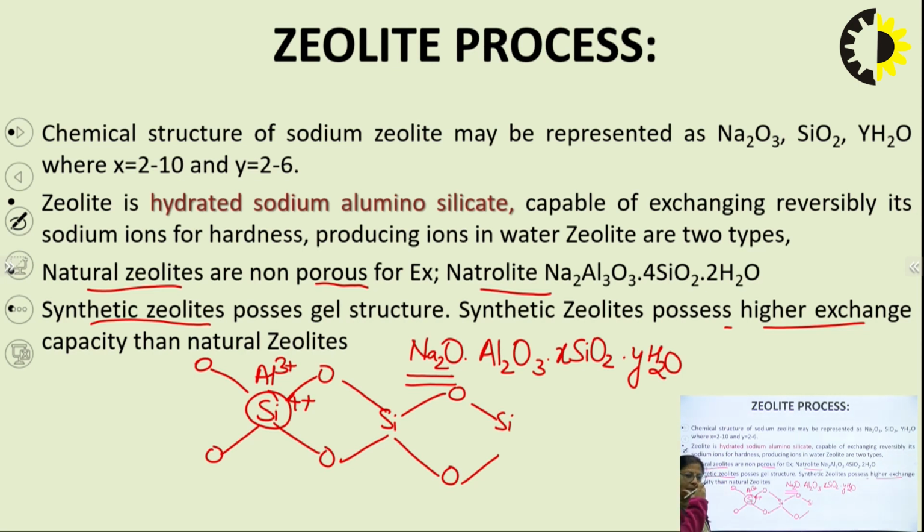So to balance out the charges, at a few places sodium ions also get incorporated into the system. These sodium ions are not very tightly bound, they are loosely bound to the entire zeolite structure, so they can easily be replaced by the hardness causing ions which are present in water.